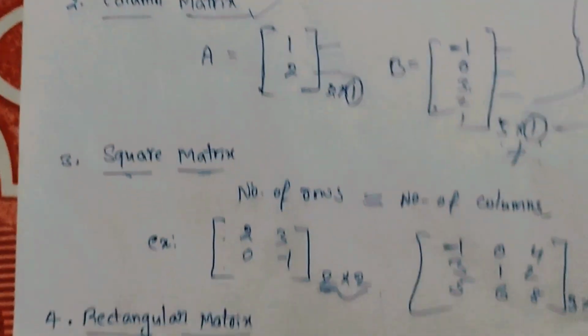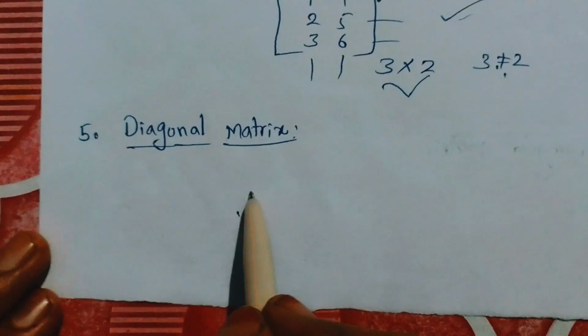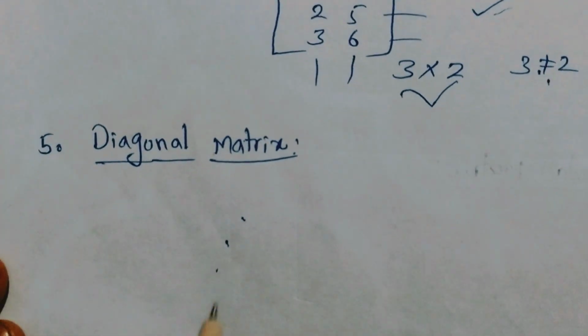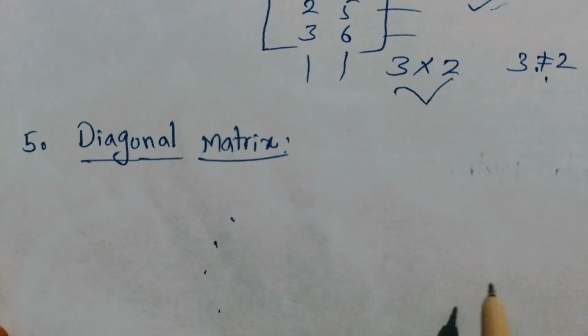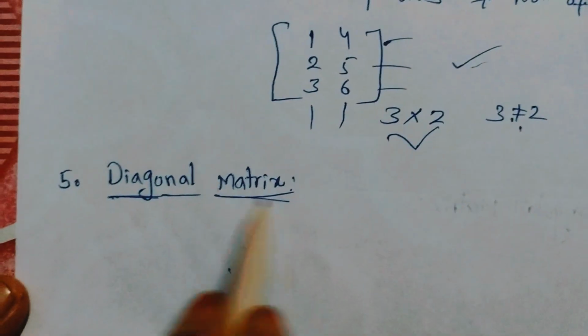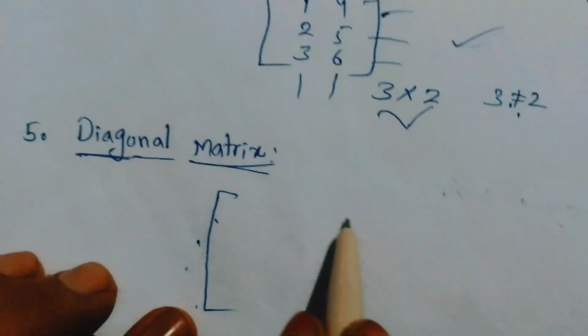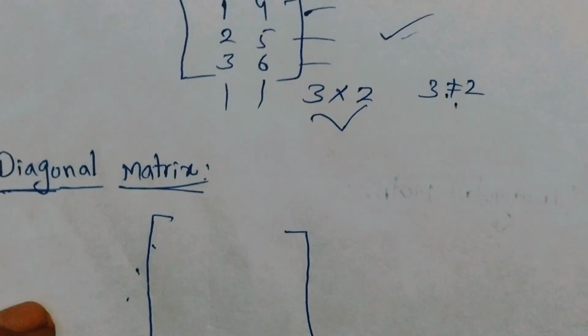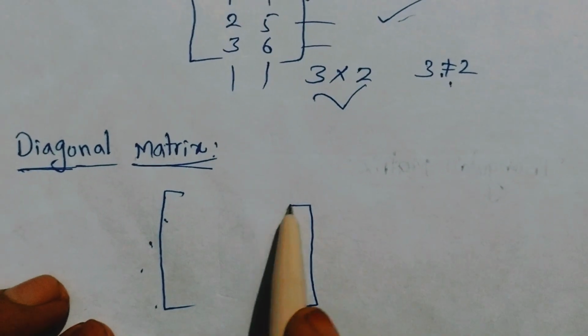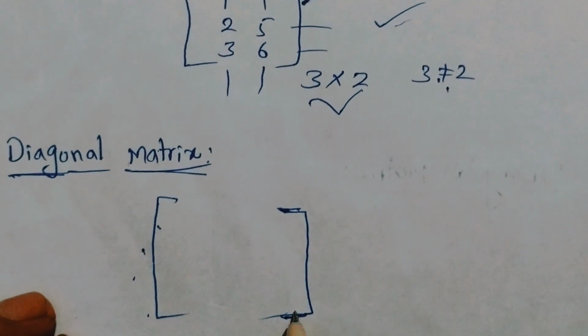Okay. Then the diagonal matrix. The fifth one is the diagonal matrix. What is the diagonal? A diagonal matrix exists only for a square matrix.